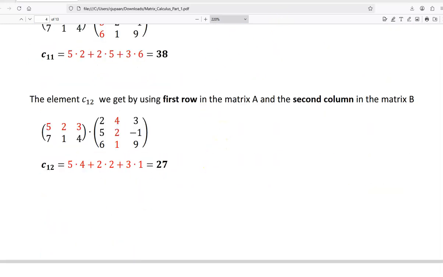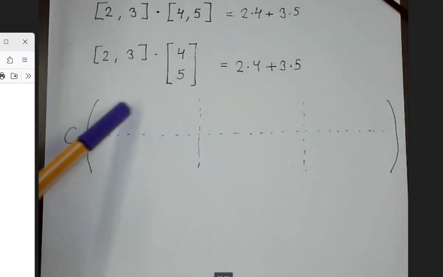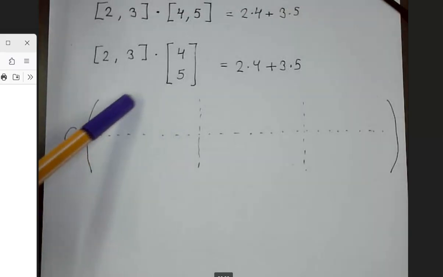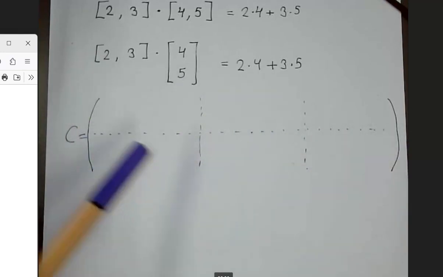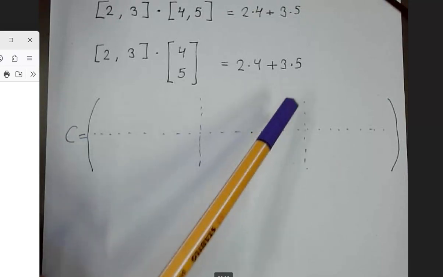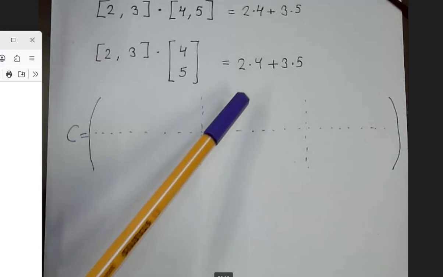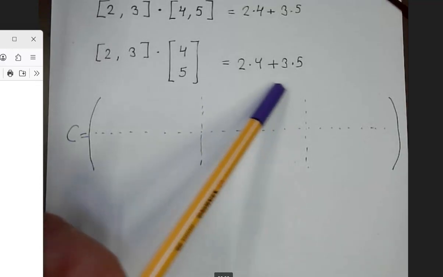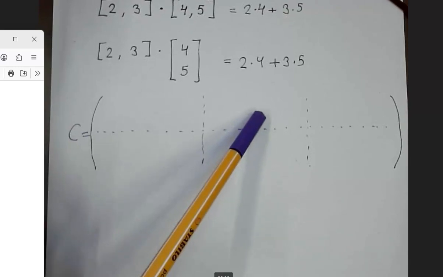And the same, so now we would find the value for the next place in the matrix C. You can solve this in whatever order you like, but maybe it's logical to go in the first row first. So the next place would be in the first row and in the second column.